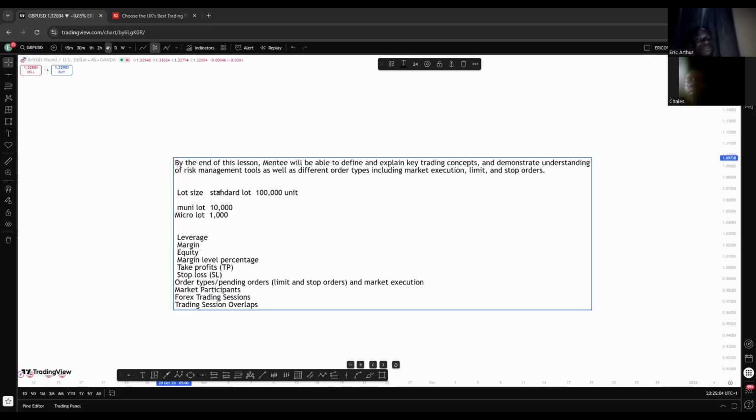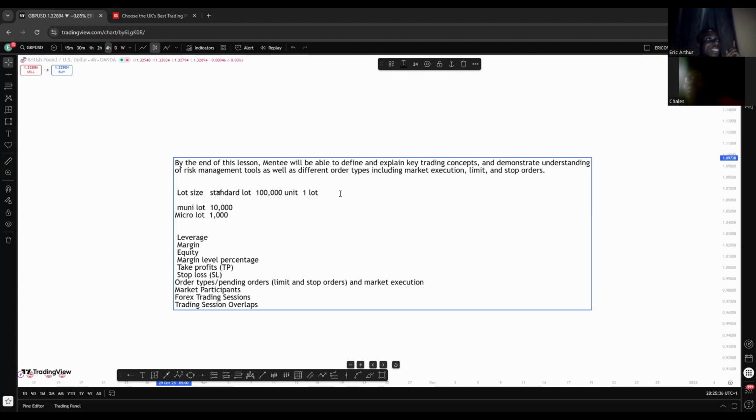Let's say if I have a small amount of money, maybe $50 up to $1,000, then I'm going to use maximum lot size, like standard lot size, for it. Okay. So basically, standard lot size is one lot. You get it?